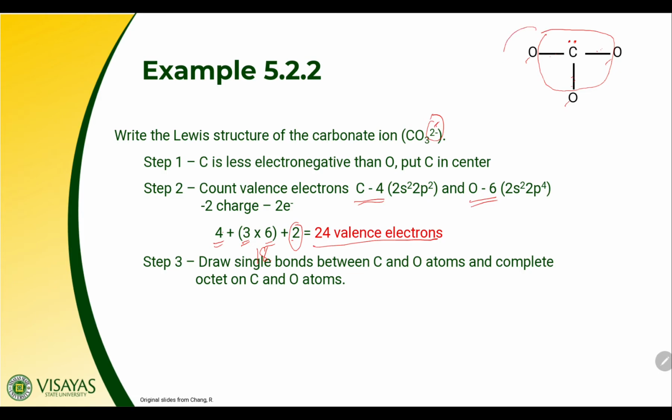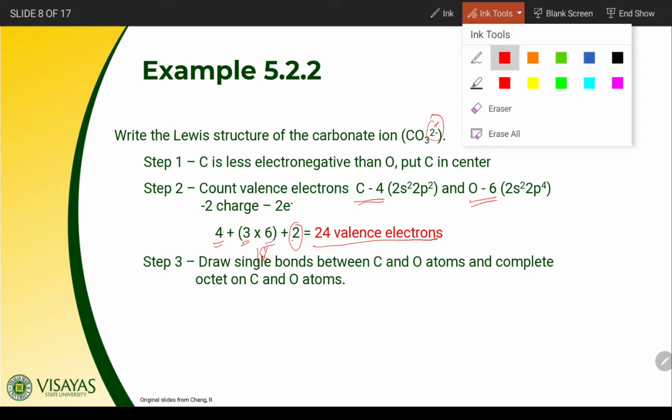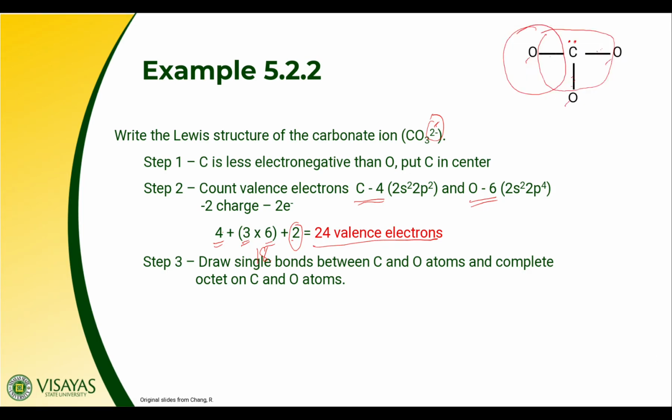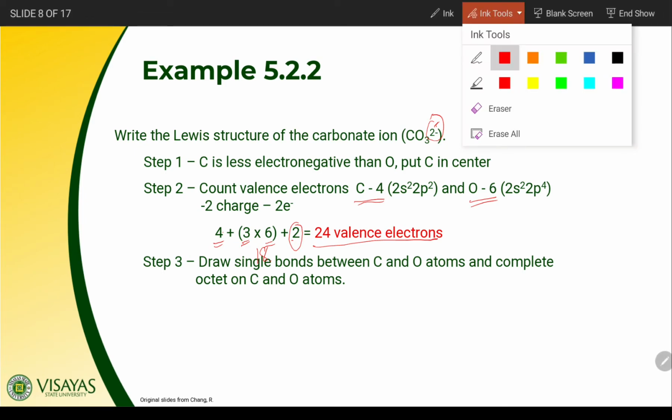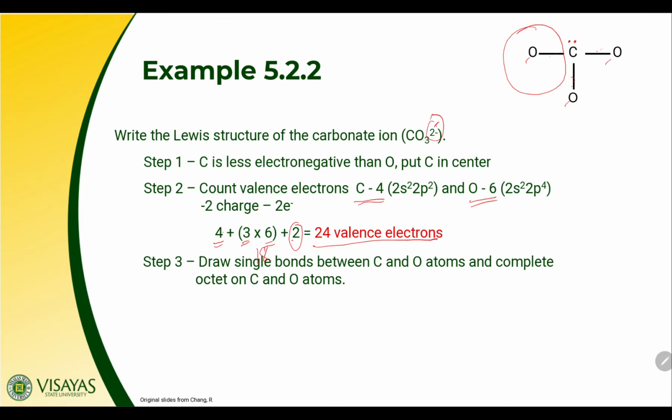For oxygen, this is our oxygen here. We have 2 electrons as of the moment because it has a single bond with carbon. So, to complete its octet, we will add 6 electrons or 3 lone pairs. For this oxygen atom, it's the same.